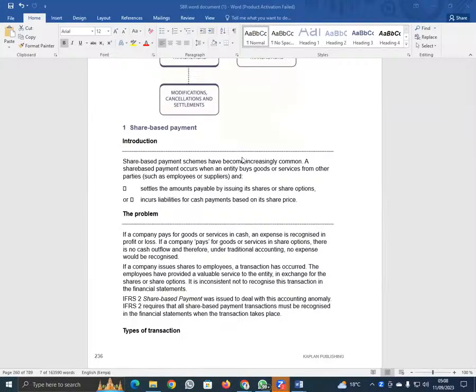A share-based payment occurs when an entity buys goods or services from other parties, such as employees or suppliers, and then number one, settles the amount payable by issuing its shares or share options. Or number two, incurs liabilities for cash payments based on its share price. You shall be paying them cash based on its share price.